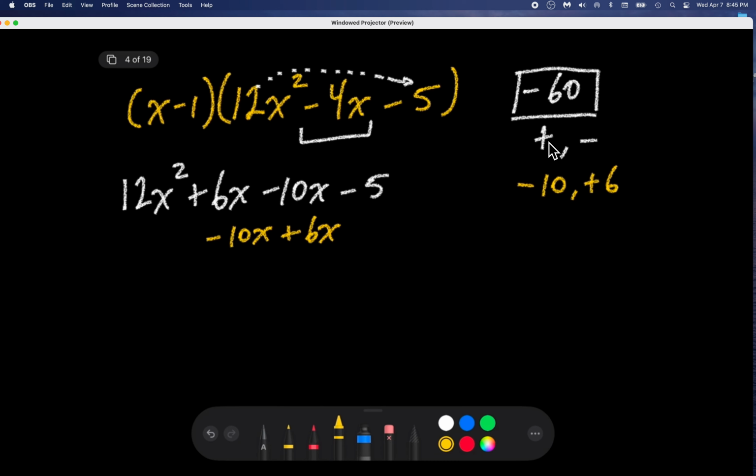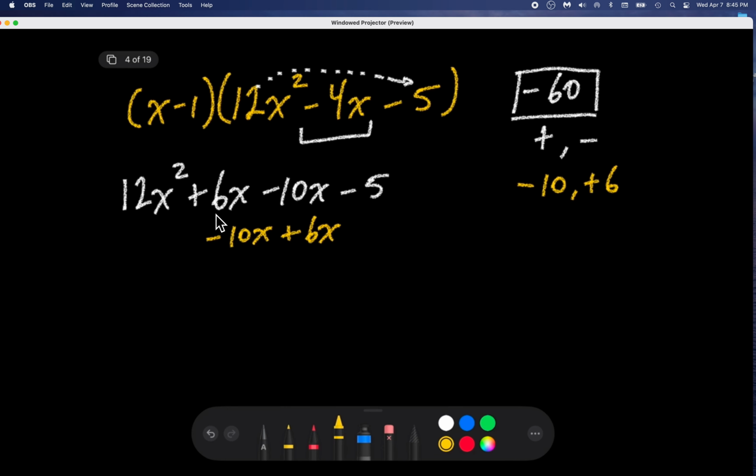But I did it this way for a reason. I paired the 6x with the 12 and the minus 10x with the 5. And the reason is I'm going to factor both sides of this equation using what's called factor by grouping. So let me get rid of this, and you'll see the benefit of arranging it the way that I did.